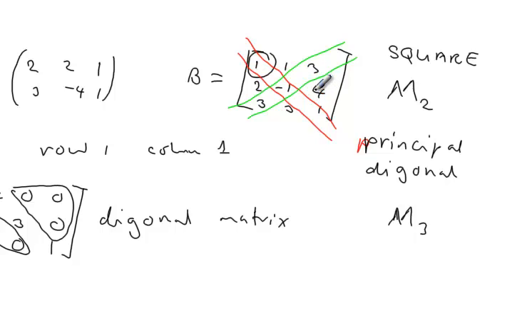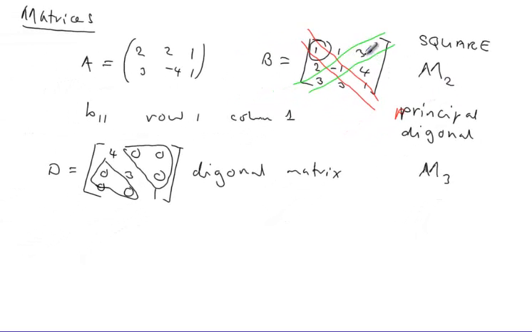I multiply them, I get a matrix of the same nature. Is that right? Yeah. But sometimes you can multiply a 3 by 3 by a 3 by 2, you are not going to get a 3 by 3. But when you're dealing with square matrices, you multiply a square matrix by a square matrix, you get the same type of square matrix. Okay, that's that. So that's the diagonal matrix.